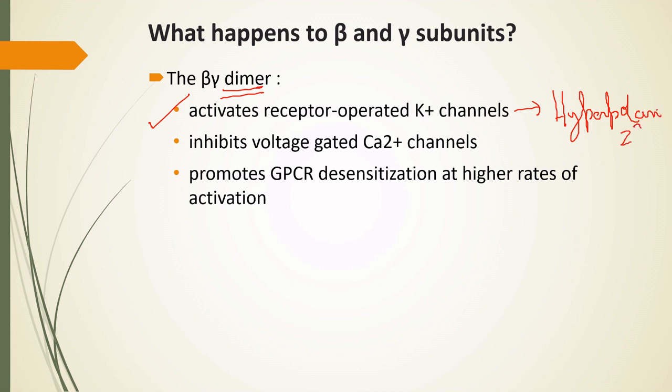It is going to inhibit the voltage gated calcium channels, and also this beta and gamma subunit promotes the G protein coupled receptor desensitization once there is a high rate of G protein coupled receptor activation.